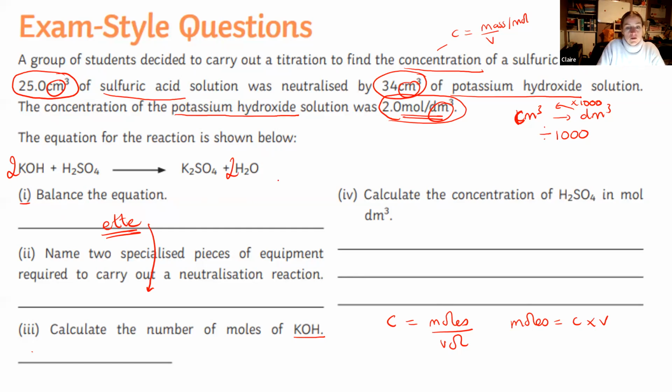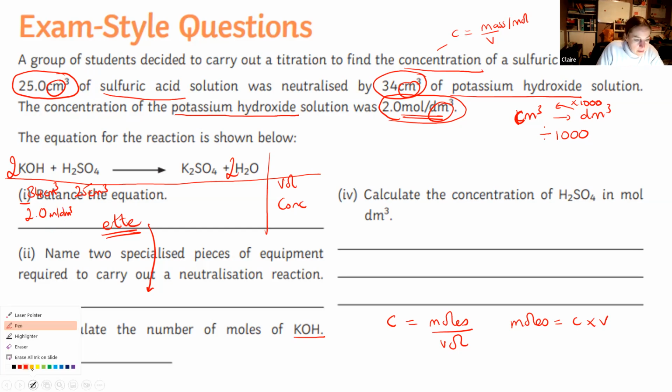On the side here I use a little table: 25 centimeters cubed of sulfuric acid, then 34 centimeters cubed of potassium hydroxide, and the concentration of potassium hydroxide is 2 moles per decimeter cubed.